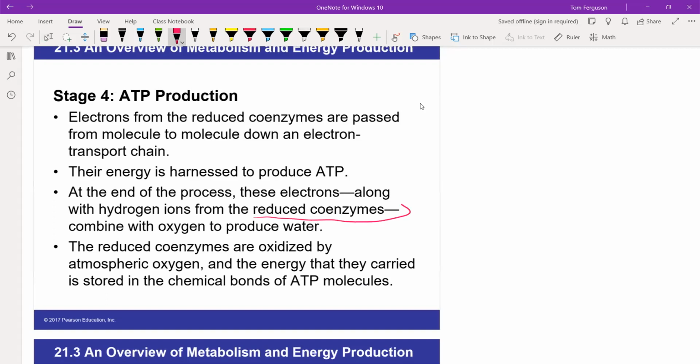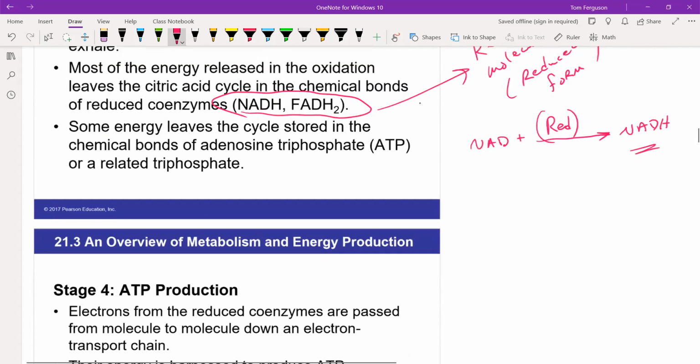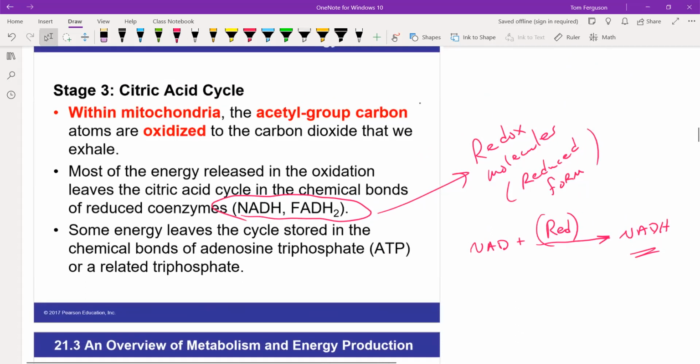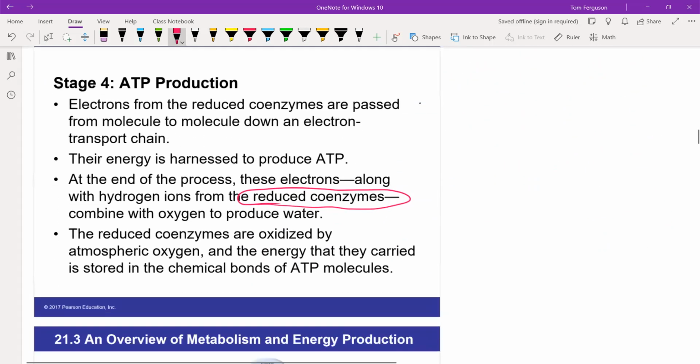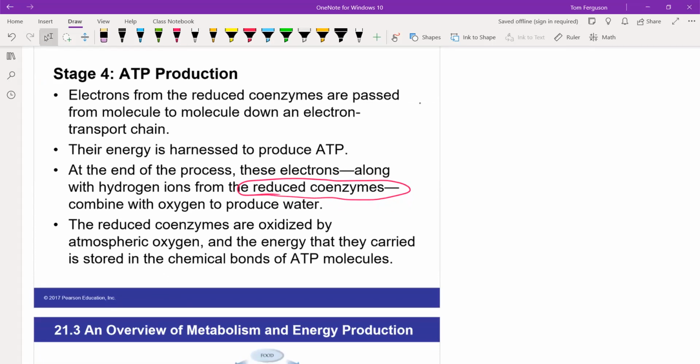So the idea is to make reduced coenzymes. So these are the reduced coenzymes. Because those are later used in the third pathway, which is this ATP production. And those are oxidized, like I was just showing you.